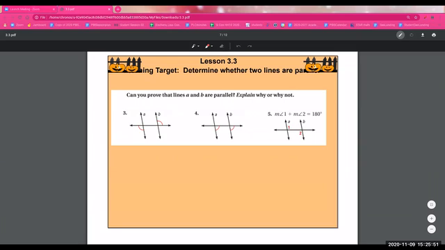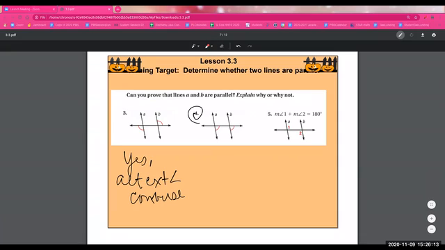Oh, they're alternate exterior and they are congruent. So yes, lines A and B are parallel by the alternate exterior angle converse. And you would put alternate exterior angle converse. Okay, that would be the reason.